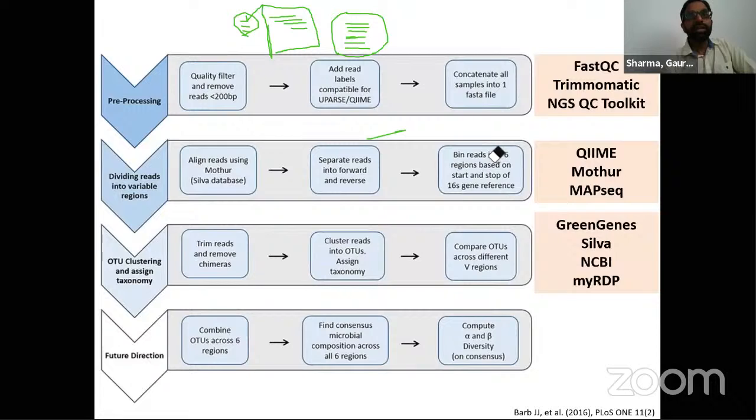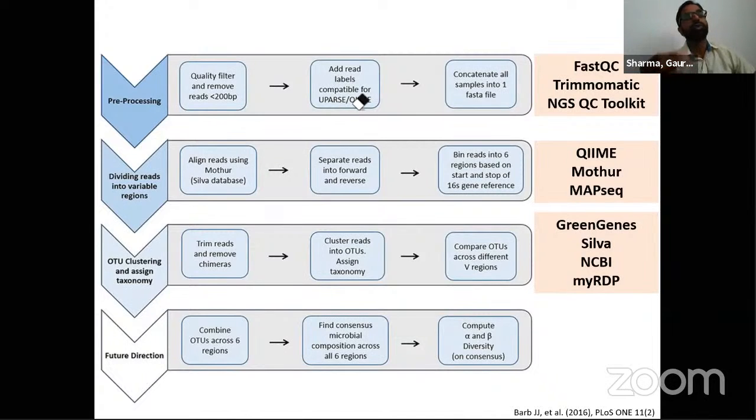Okay, another aspect here is that once we have the data of all these reads, we will first of all do quality filtering, or pre-processing. There are different tools available, let's say FastQC or Trimmomatic or NGS QC Toolkit, and based on these tools, we try to do filtering, or remove the reads which are not required.